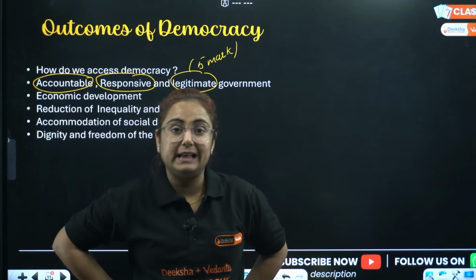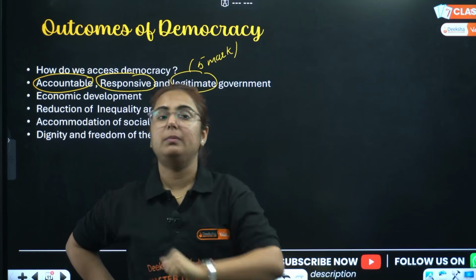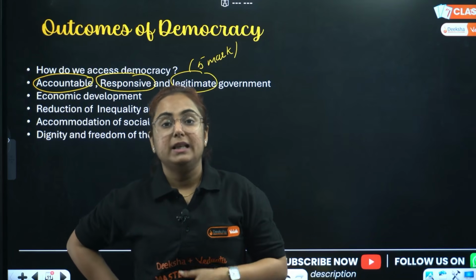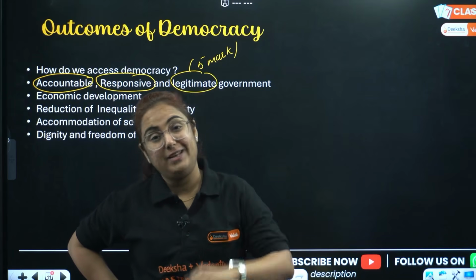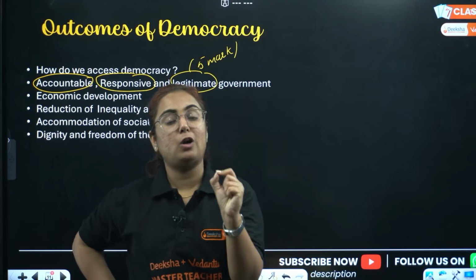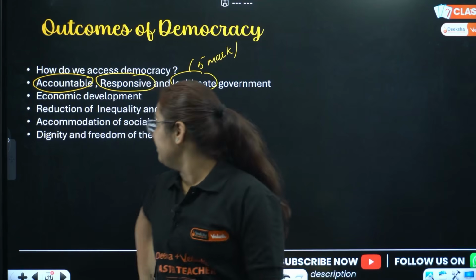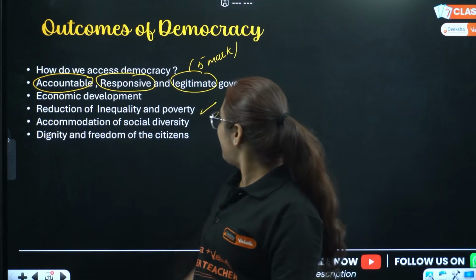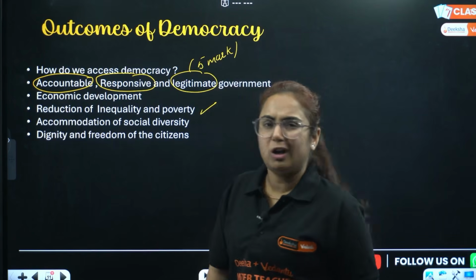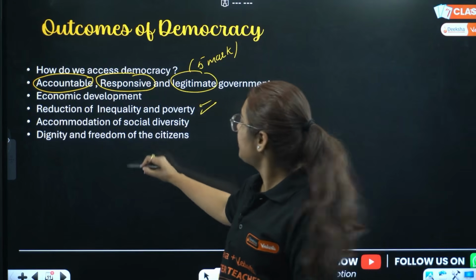If we look at the latest data, we will see that even dictatorship governments have worked well in economic development. But yes, we are lacking in economic development, but it is better than dictatorship. Okay, reduction of inequality and poverty, not that much done. Yes, it is done, but not that much.